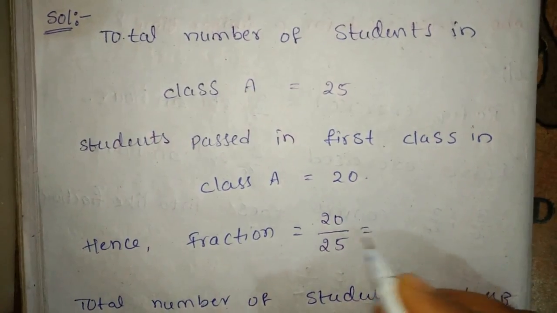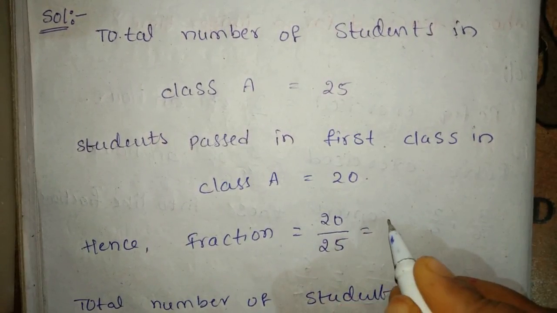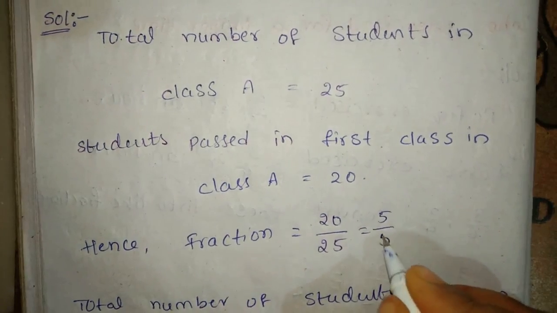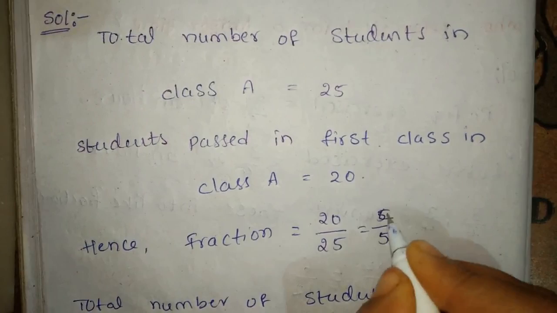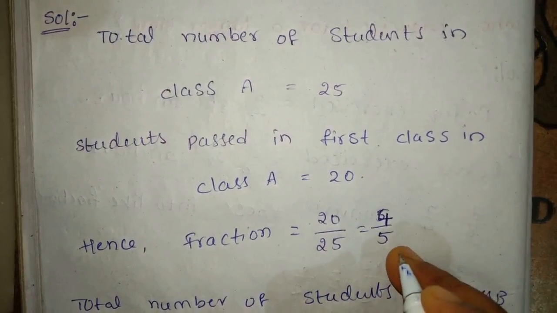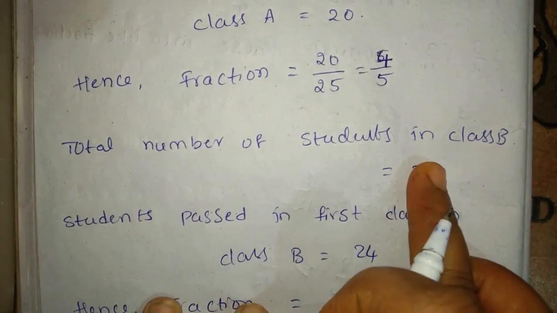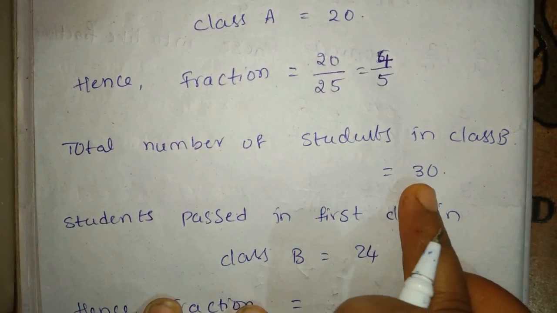We will write it in the simplest form: 4 fives are 20, 5 fives are 25, so 4 by 5.